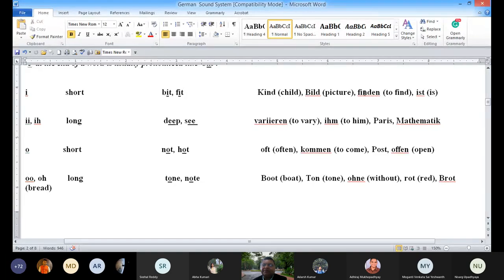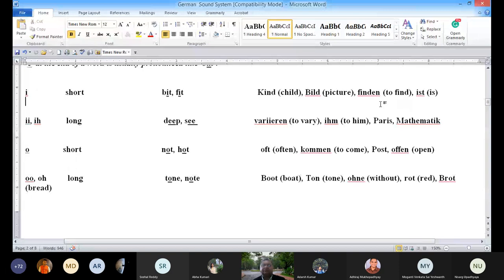And this one, F-I-N-D-E-N, this is the verb, finden. Here D will be D only. Why? Because these are two syllables, finden, and here D is coming at the beginning of a syllable. So at the beginning, D will be da, but at the end, D will be ta, as is the case here. Kint, built. And here it will be finden.